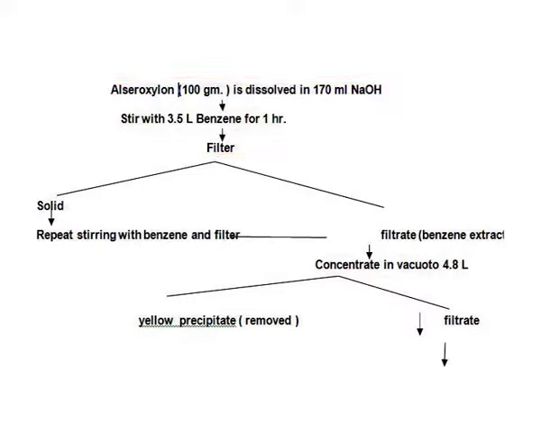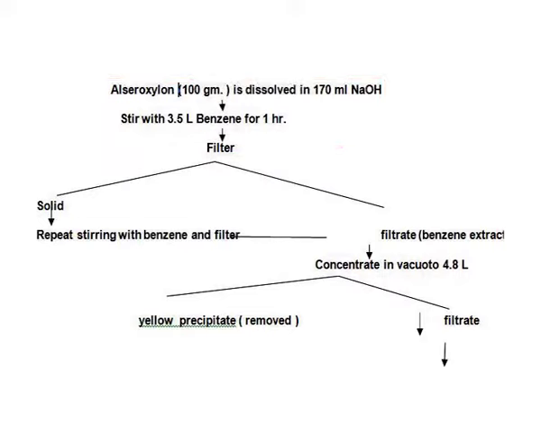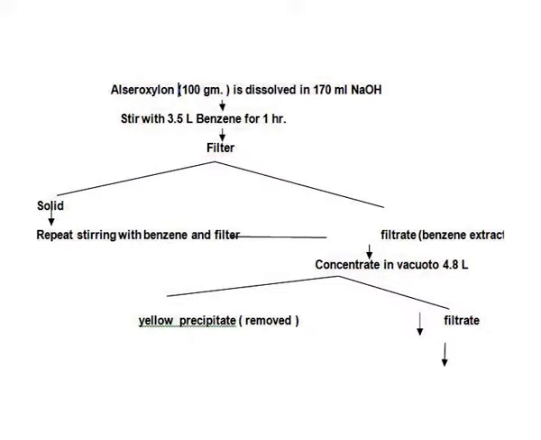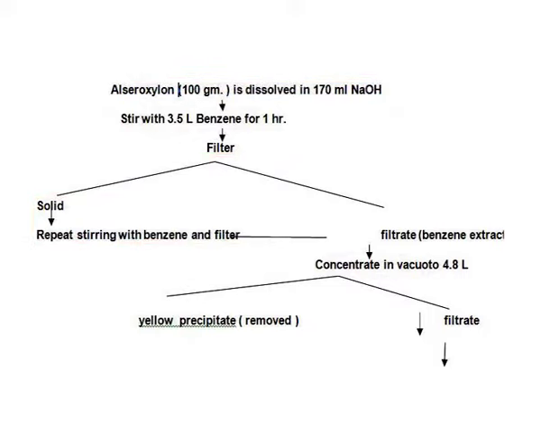Alseroxylon, 100 gram, is dissolved in 170 milliliters of sodium hydroxide and stirred well with 3.5 liters of benzene for about 1 hour. It is then filtered. The solid is again stirred with benzene and again filtered, and the two filtrates, that is two benzene extracts, are mixed.